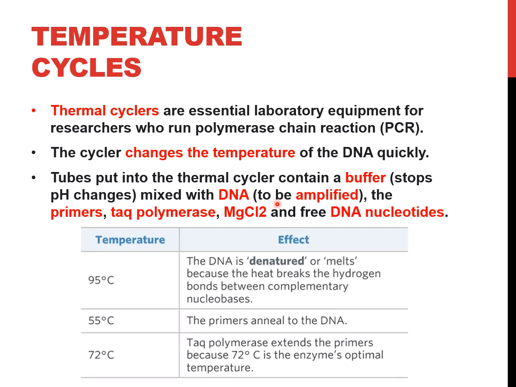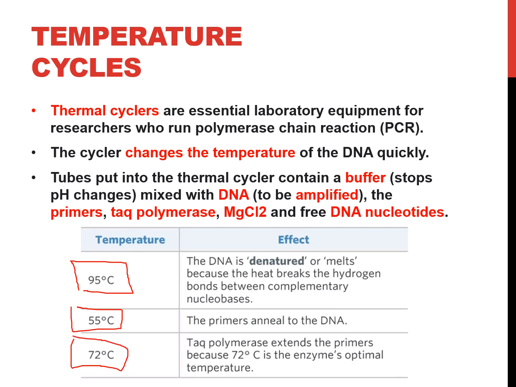Mixed with a few other things: the target DNA gene that we're looking at, the primers which have been made in that other machine, the Taq polymerase protein that needs to run down the strand, magnesium chloride, and of course DNA nucleotides to create the DNA.